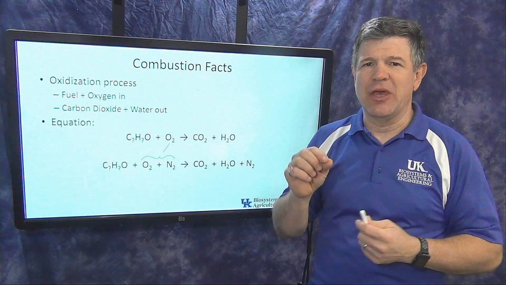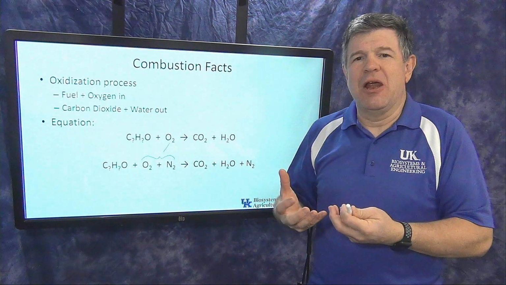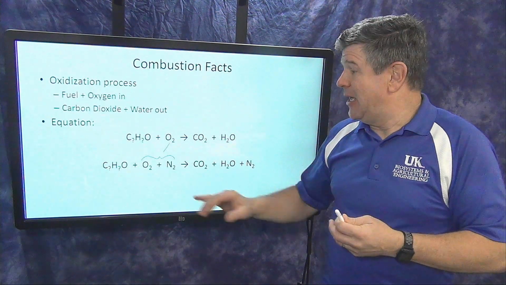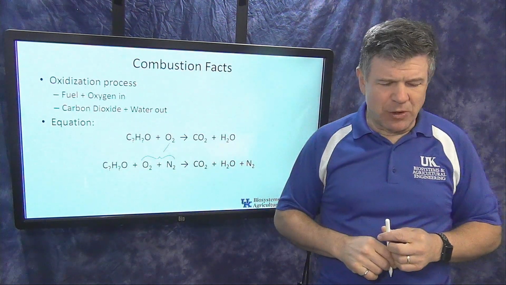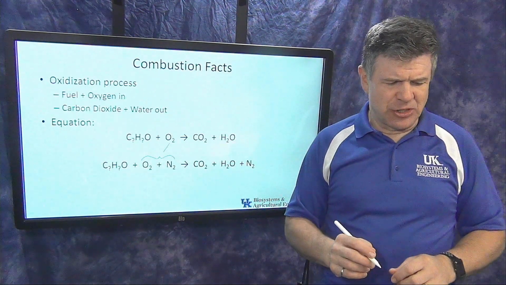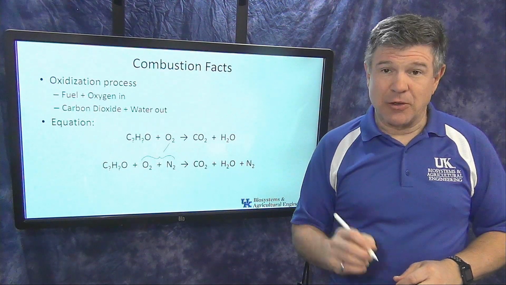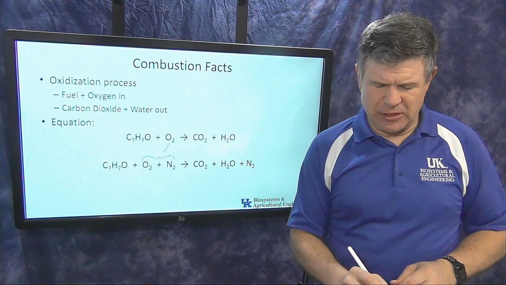So the primary thing when we ingest air into that engine is that it's made up of oxygen and nitrogen, and there's a ratio or relationship between those two. Again, there's more nitrogen than oxygen.